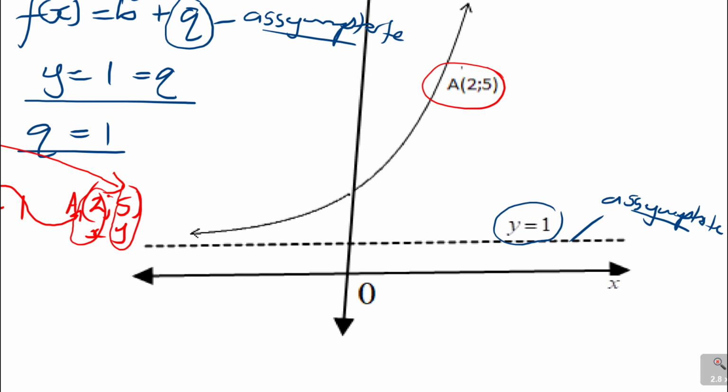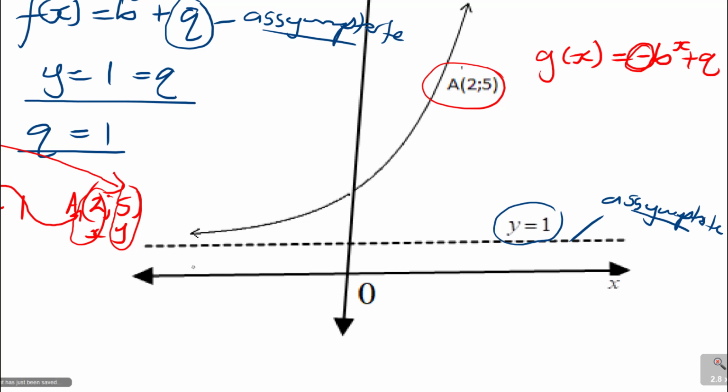If it was, let's say, g of x is equal to negative bx plus q, that negative sign, that's what I'm talking about. Remember, when it's negative now, your values of y are the ones that are going to be negative.